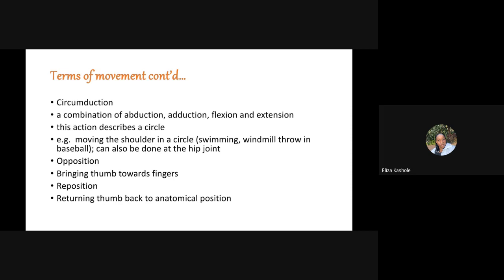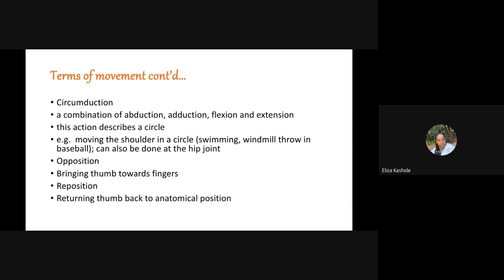Circumduction. So this is a combination of abduction, adduction, flexion, and extension. Okay, so this action describes a circle. So you're going to start moving a point or a structure at a joint, right?